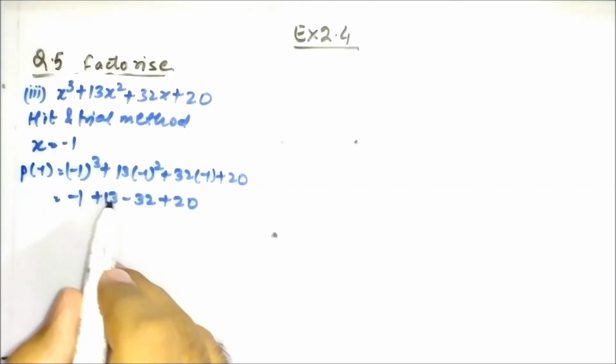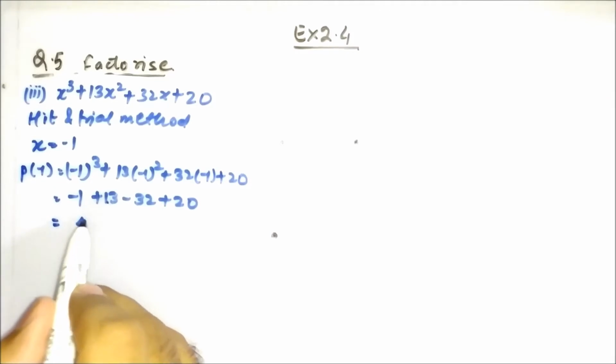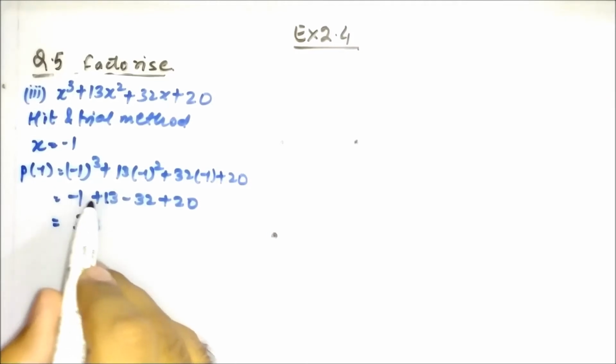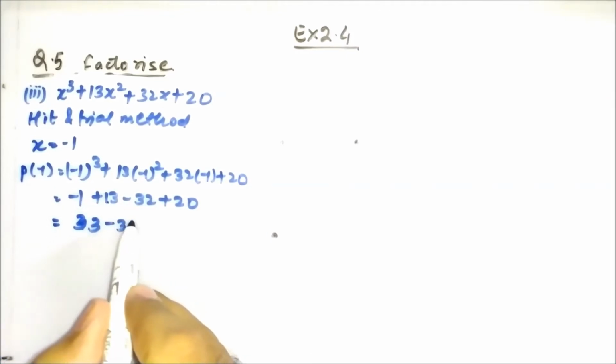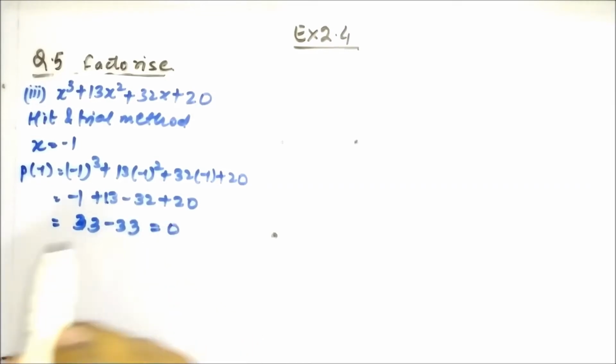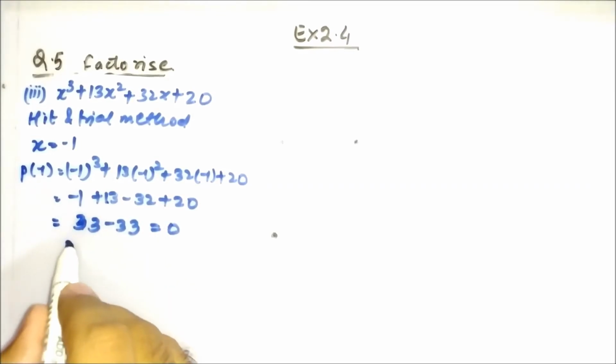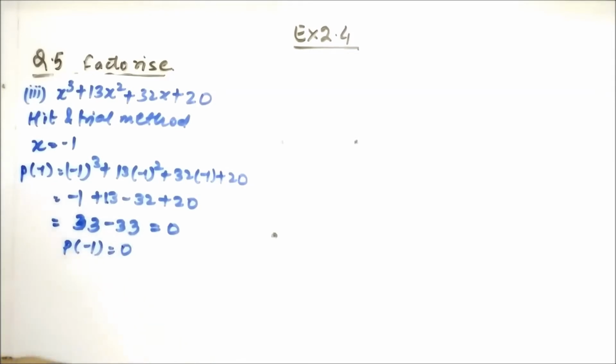When you add 13 and 20, we get 33, and minus 1 and minus 32 will be minus 33. So when you cancel this, we get 0. So p of minus 1 is equal to 0. Since it is equal to 0, we can say that x plus 1 is a factor.